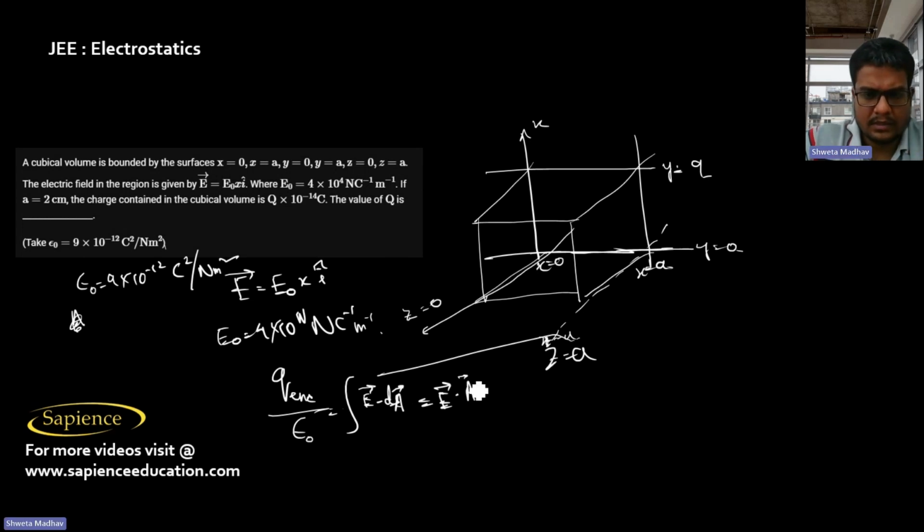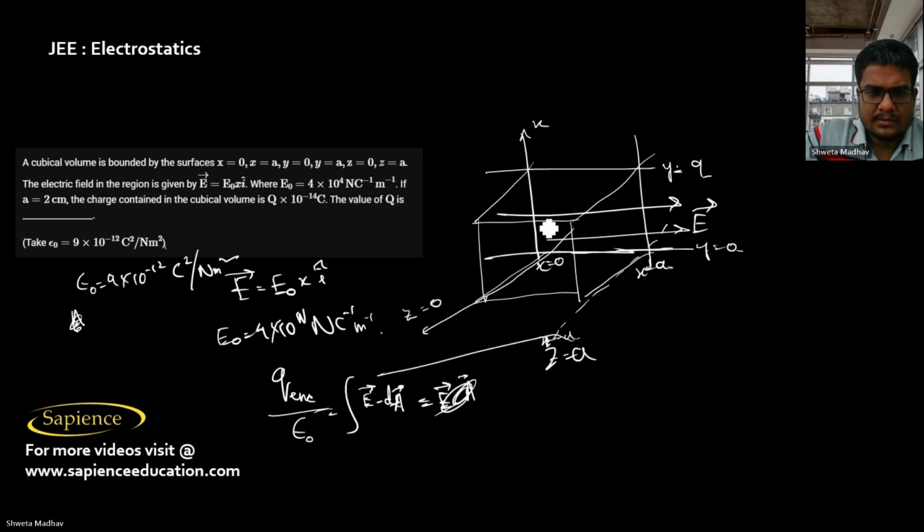Now the electric field varies with x only. The electric field is along the direction of the x-axis. So here the area vector is in the opposite direction.